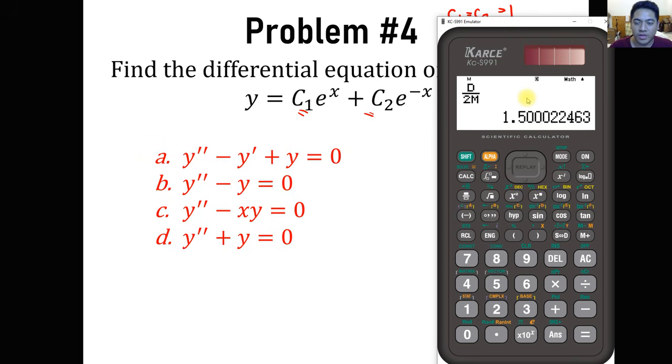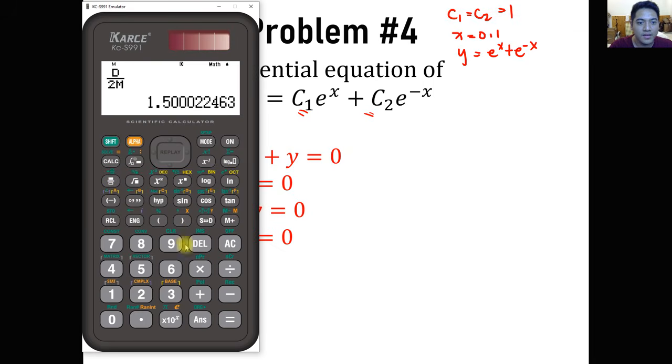So shall we try again? Get alpha e raised to alpha x, plus e raised to negative x. So calc, for 0.1, we are going to shift store that to y.